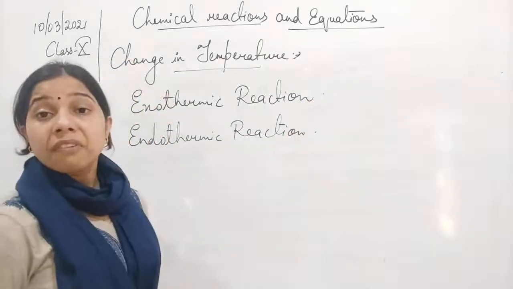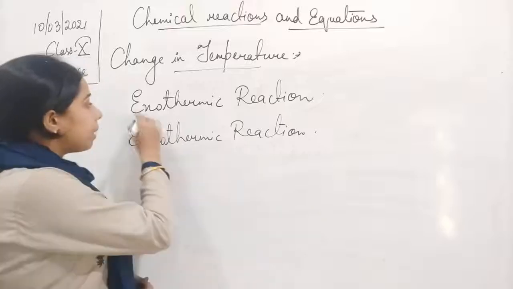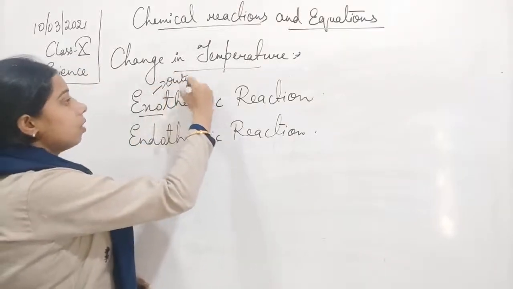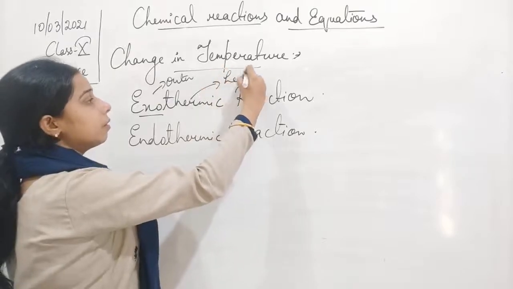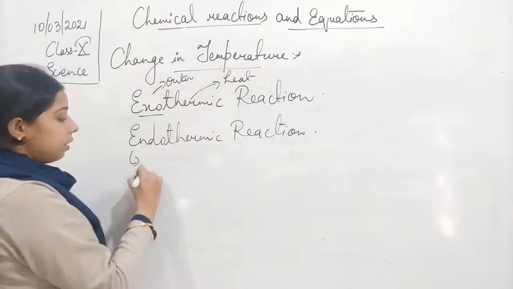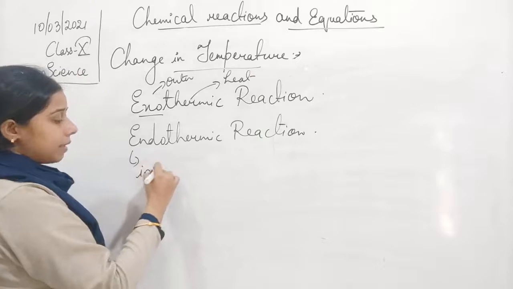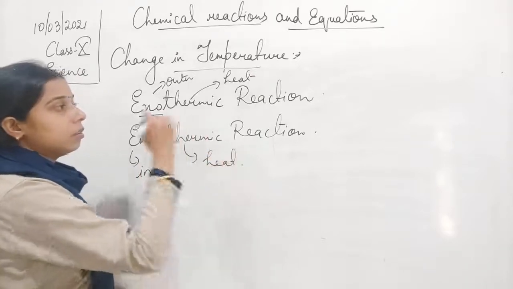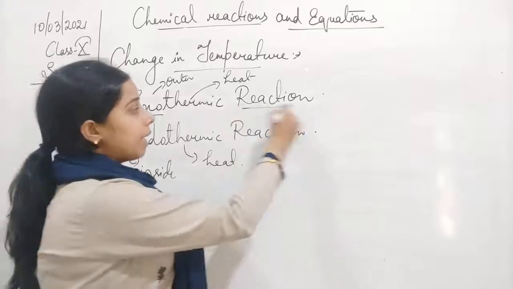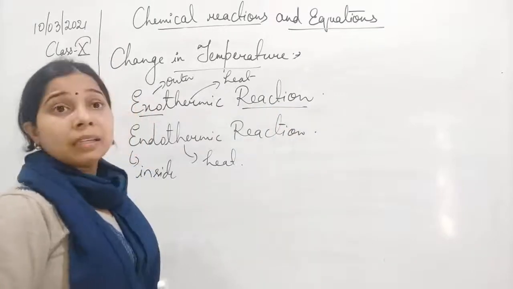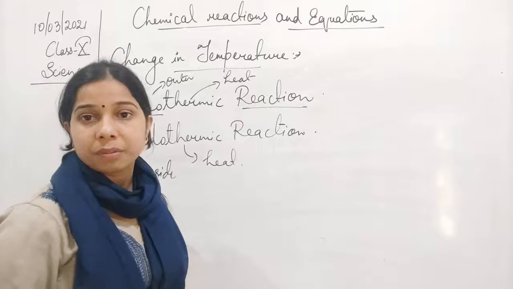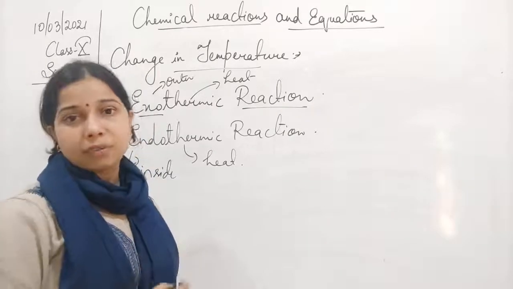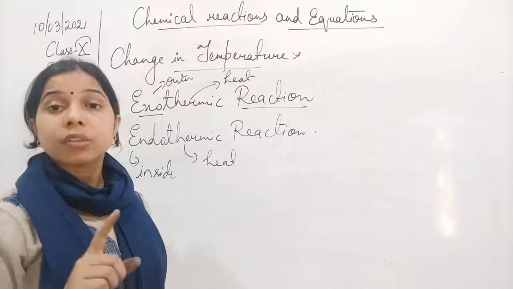In case of exothermic, exo means outer, thermic means heat, endo means inside, you can say. Thermic means heat. So a reaction in which heat is given out, heat is produced, that kind of reaction is an exothermic reaction.